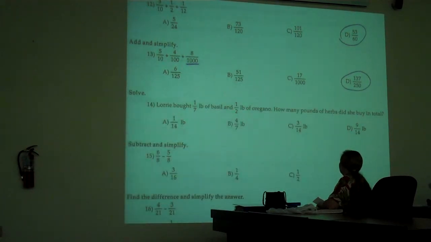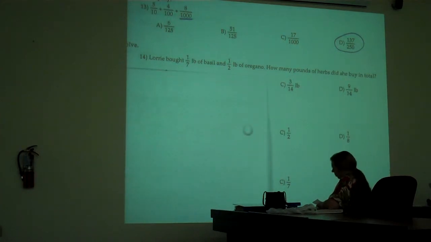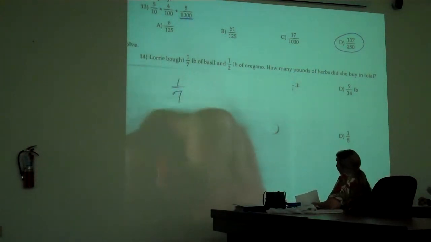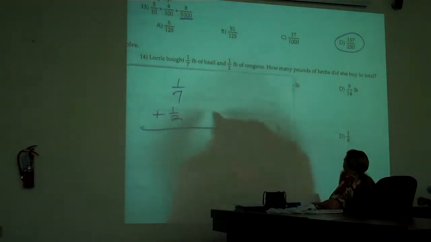Okay. Lori bought 1/7 pound of basil and 1/4 pound of oregano. How many pounds of herbs did she buy in total? 1/7 of one herb and 1/2 of another herb. So 1/7 pound and 1/2. So you're going to add how many pounds, right? To add, what do you need?